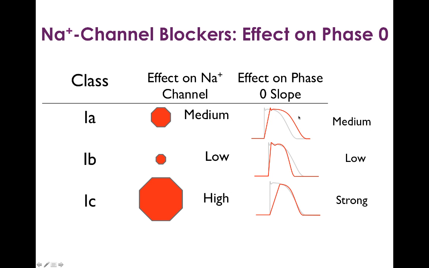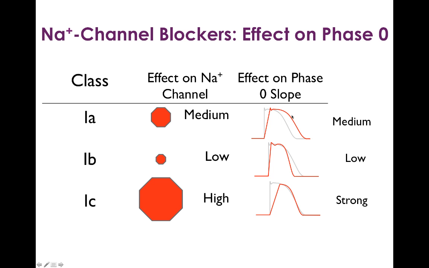And some of these drugs also probably have potassium channel blocking activity, which accounts for its effect on phase 3 of the depolarization. So just remember that 1A drugs, but most importantly 1C drugs, are very high potency sodium channel blockers leading to a slower upslope of phase 0.